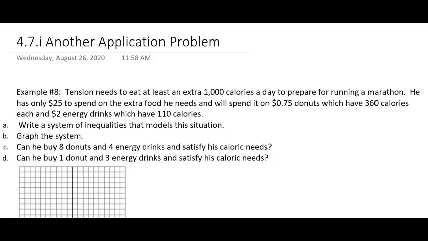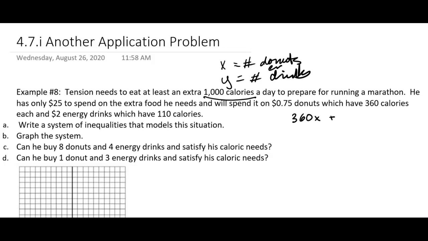So one of the things you have to do is separate what the needs are. He has a caloric need. He needs to eat 1,000 calories extra. Well, say X is the number of donuts. Every donut has 360 calories. So 360 times X plus, and then every energy drink, we'll call that Y, the number of drinks.